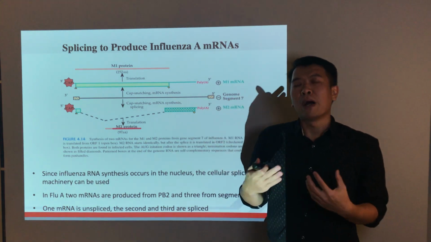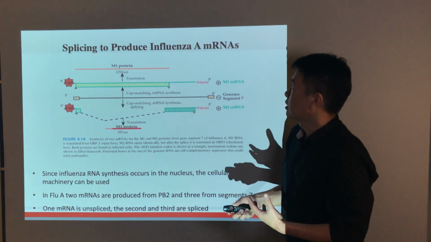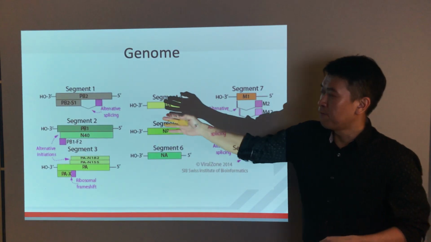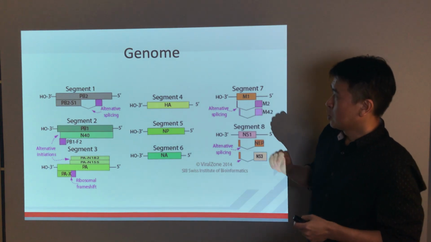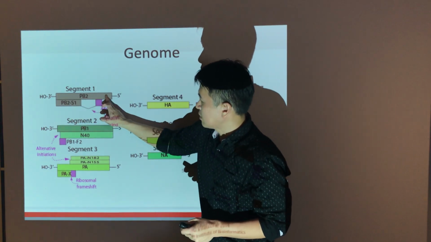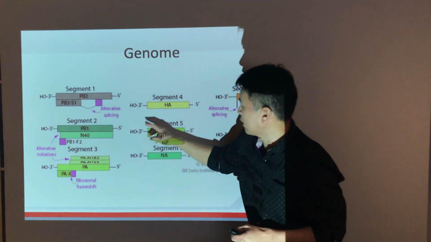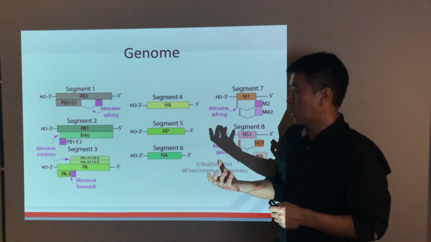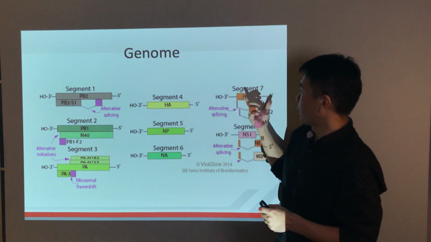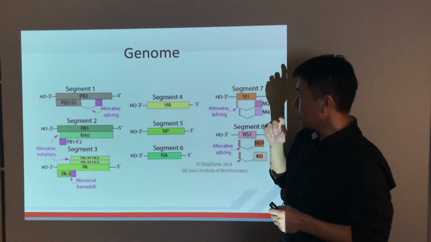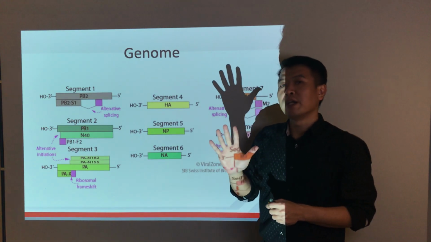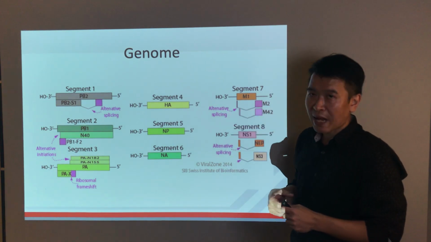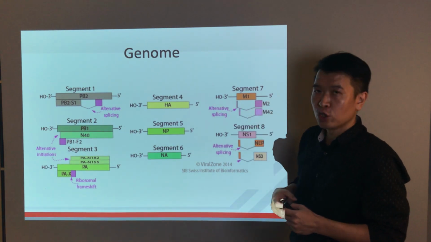So by using splicing techniques, the virus can produce another 5 mRNA. What we can see here is the full length of the new RNA segment that will produce mRNA. Then 5 additional mRNA will be produced by using splicing in the nucleus.